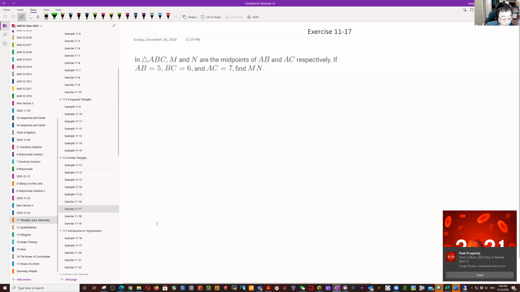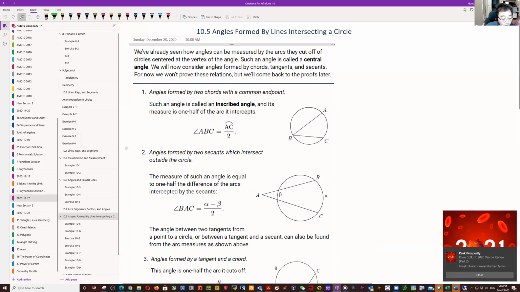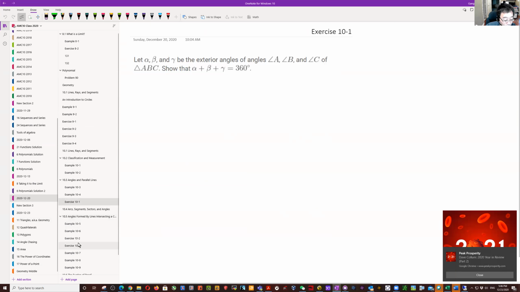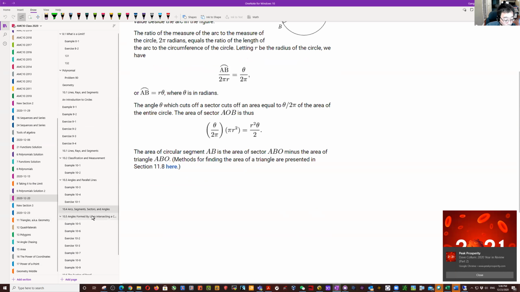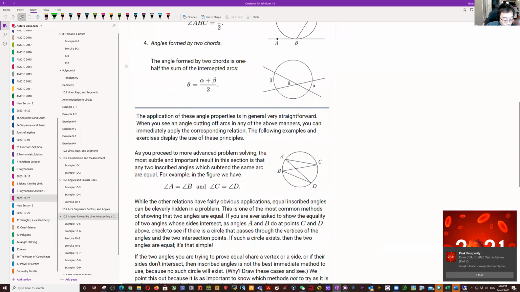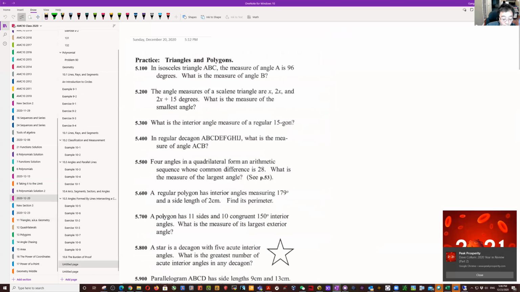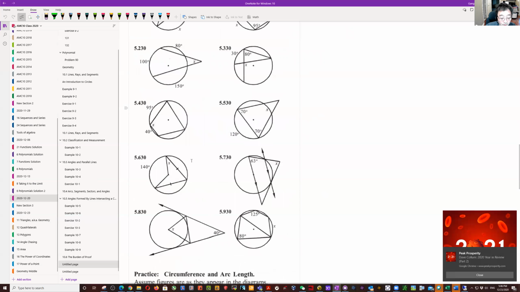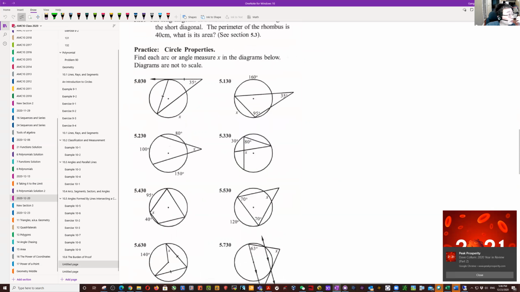So last time, what we did is go through circles. Part of the problems, this part is actually quite fun. Have you tried this part, the angle chasing?